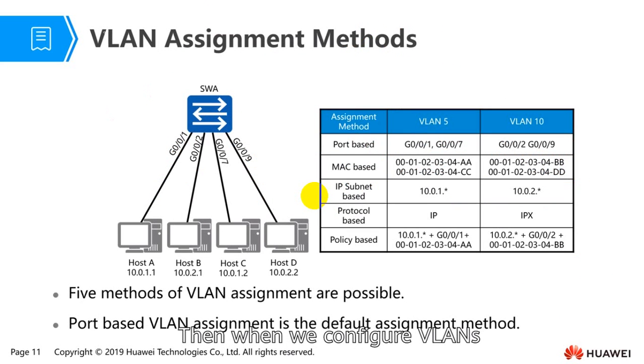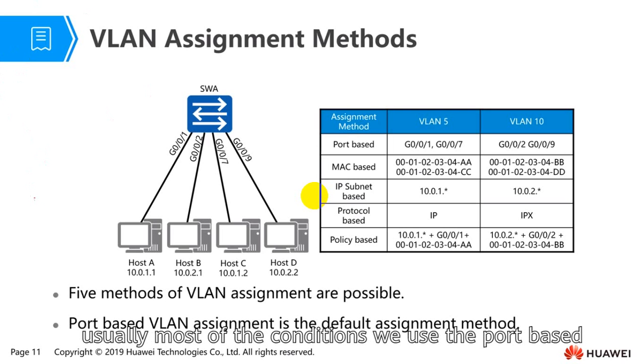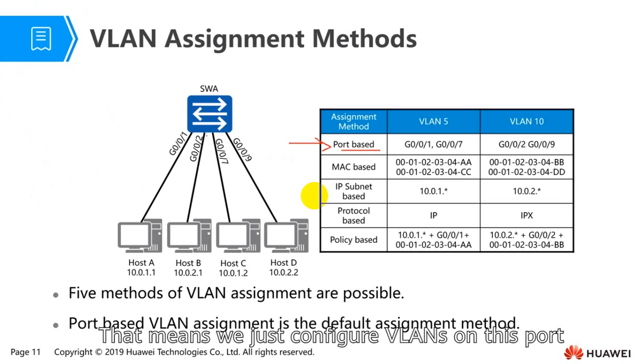And then when we configure VLANs, how do we assign the VLANs to the interface? Usually, in most conditions, we use port-based. That means we just configure VLANs on the port.